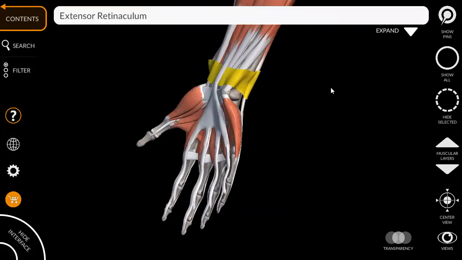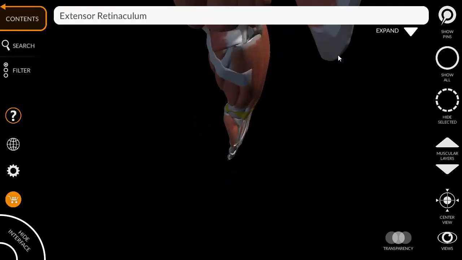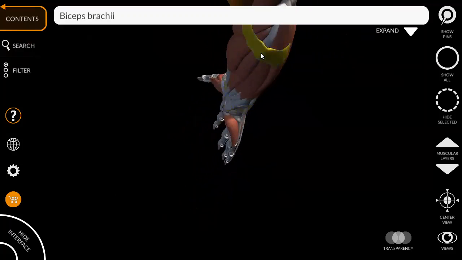Let's see. This one is called a special structure. It wraps so that the tendons don't get dispersed. It's called the extensor retinaculum. I explained it already, so you might not need an explanation here. And this one is called biceps brachii.